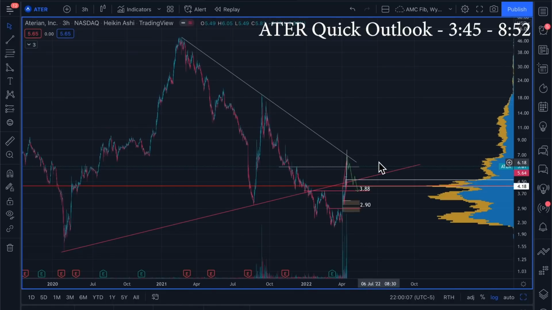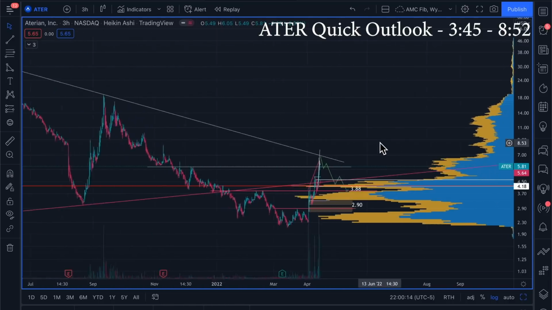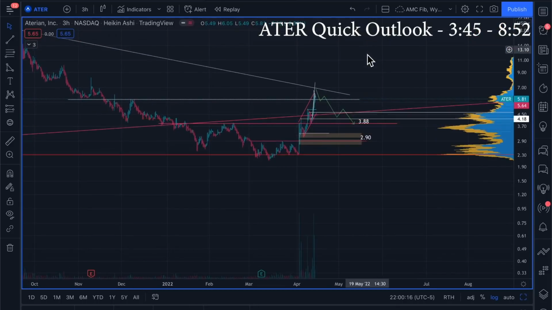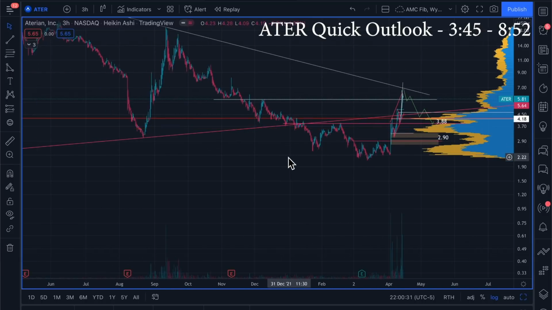I do think that in order for this to officially be broken out, if you will, it needs to break that downtrend. That being said, the volume that came in today was pretty significant. The volume that came in on the 7th was not, and that made me think that perhaps buying was losing a little bit of steam.